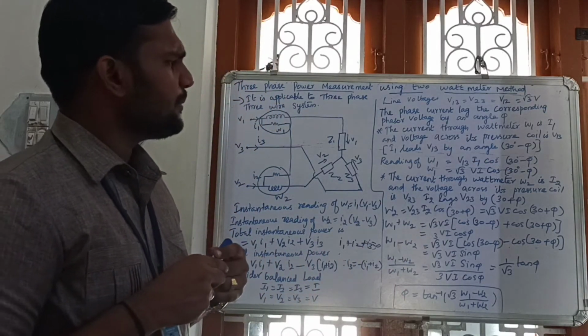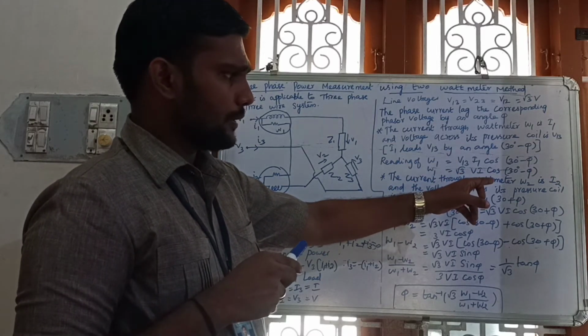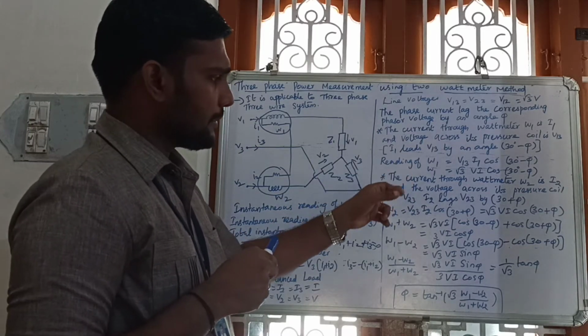Similarly, the current through wattmeter W2 is I2, and the voltage across the pressure coil is V23.